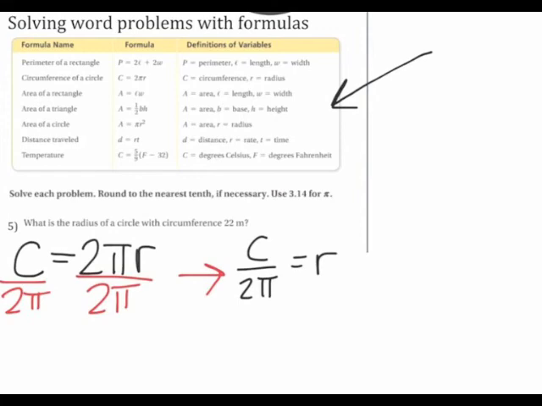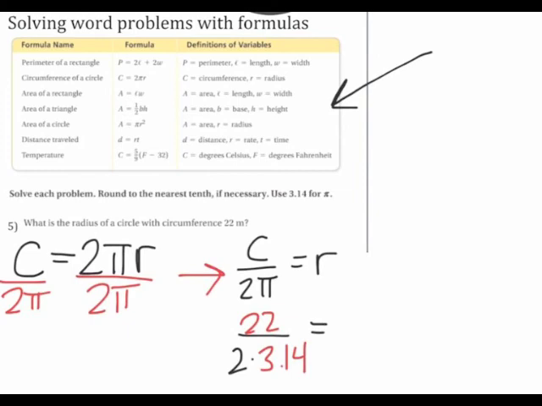Once you do this, all you have to do is plug in the numbers. 22 goes in for c, divided by 2 times 3.14 goes in for pi, and then you can plug this into your calculator to calculate the radius. This is what I would prefer that you do.